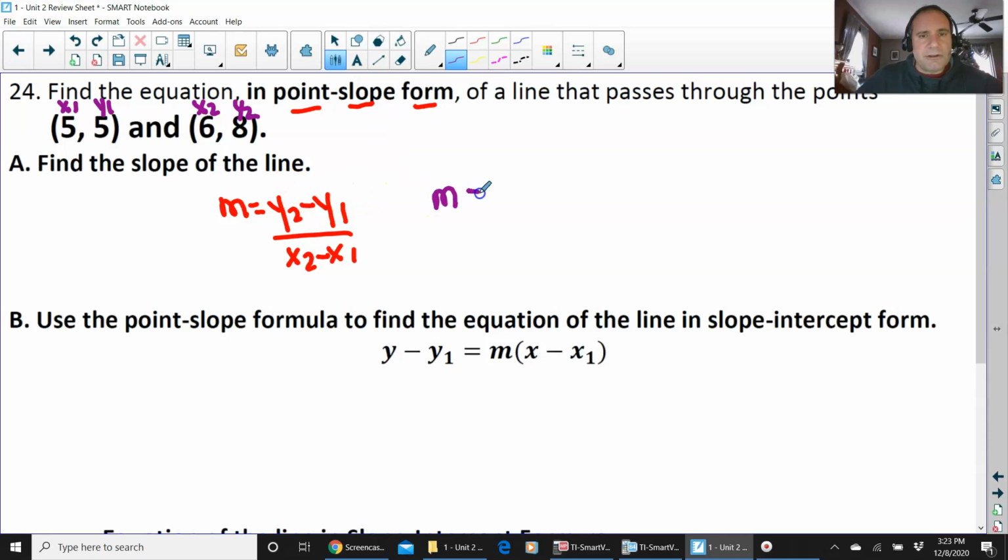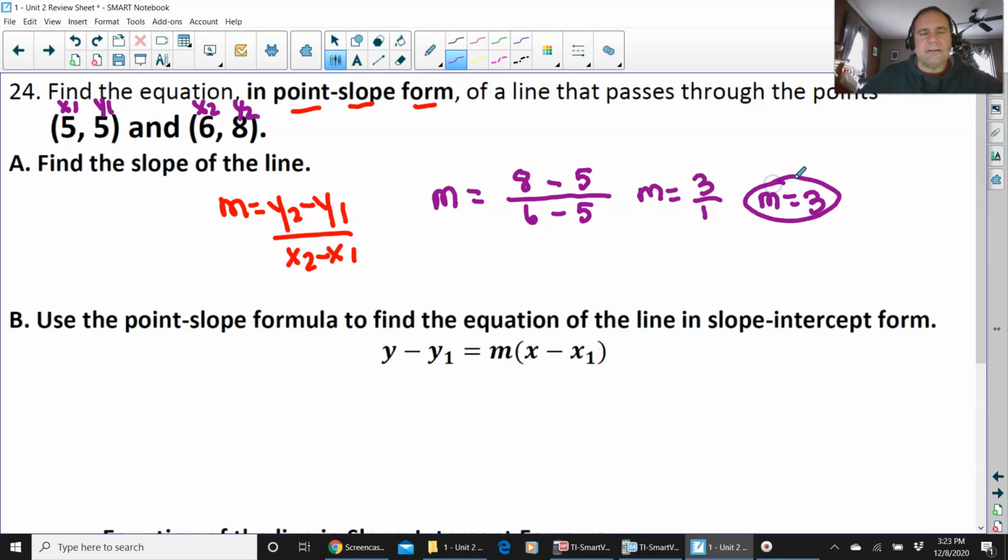So here we go with the slope, and I'm going to set it up with minus sign and minus sign. I'm going to do y2, which is 8, minus 5. And then x2, which is 6, minus 5. I don't need my calculator for this one. This is 3 over 1. My slope is 3. You do not need the slope in rise over run format unless you are going to graph it.